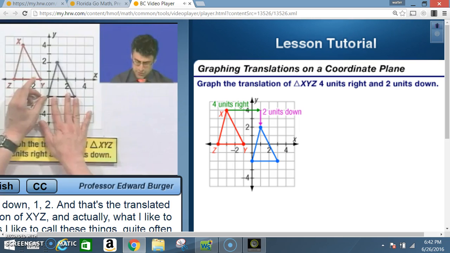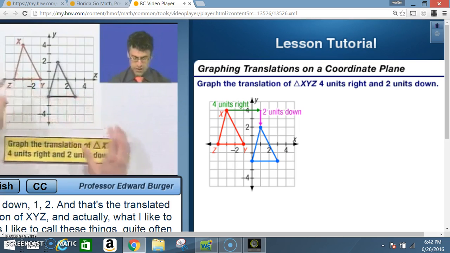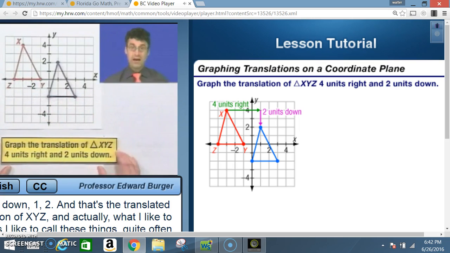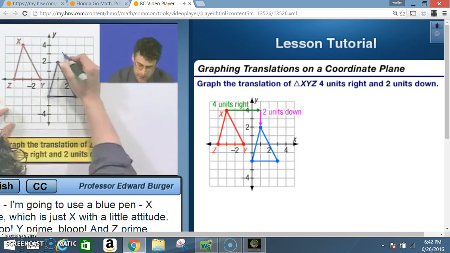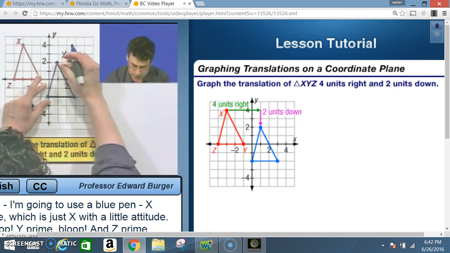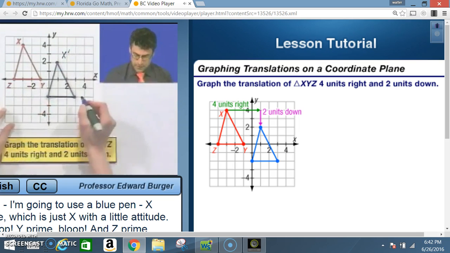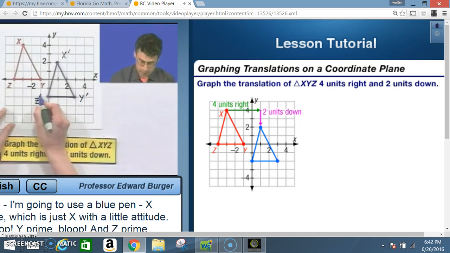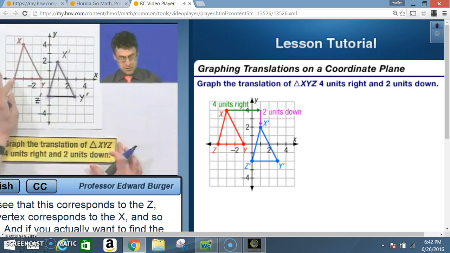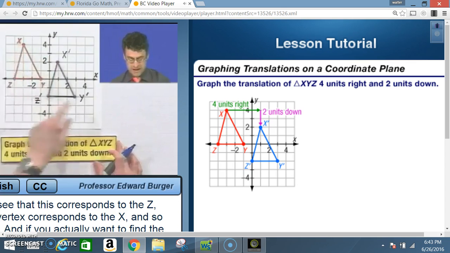And that's the translated version of XYZ. What I like to do is call these X prime, which is just X with a little attitude, Y prime, and Z prime. And so you can see that this vertex corresponds to the Z, this vertex corresponds to the X, and so forth.